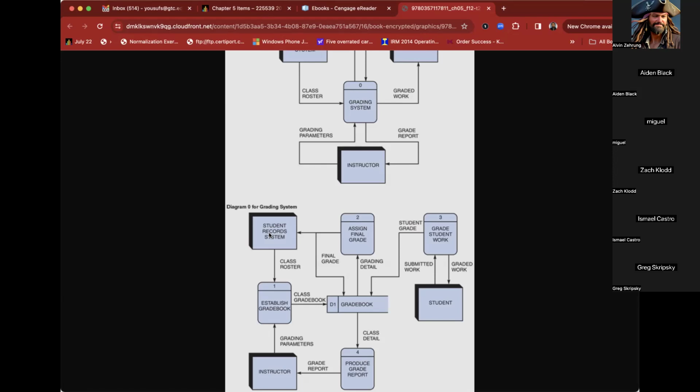Is there anything else that comes into the gradebook? Yes. Student can submit work to the grade student work process, which can then send the student grade into the gradebook. What else can the gradebook be used for? We have another process used by the instructor called produce grade report, which gets all the class details from the gradebook.